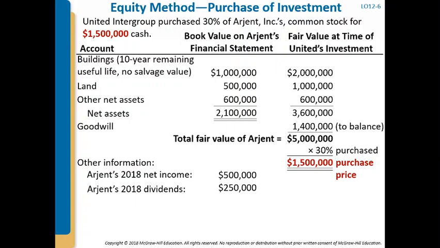United Intergroup purchased 30% of Argent's common stock for $1.5 million. And what you see here is that the book value of the net assets is $2.1 million, but the fair value at the time of United's investment is $3.6 million.